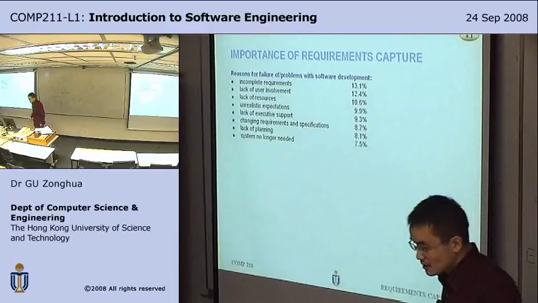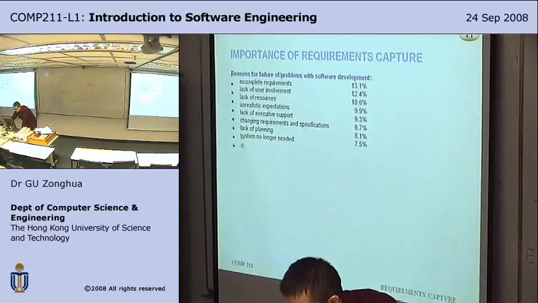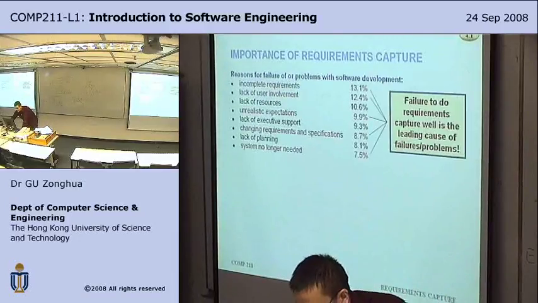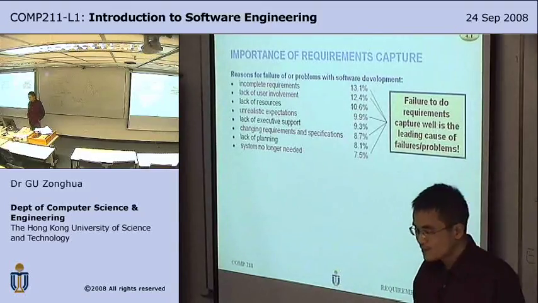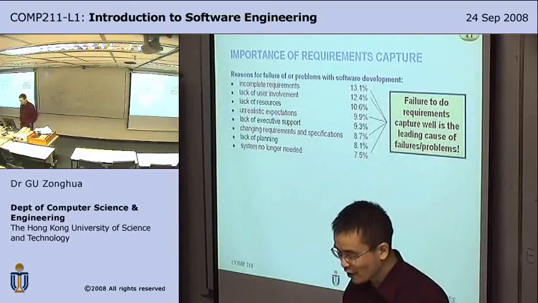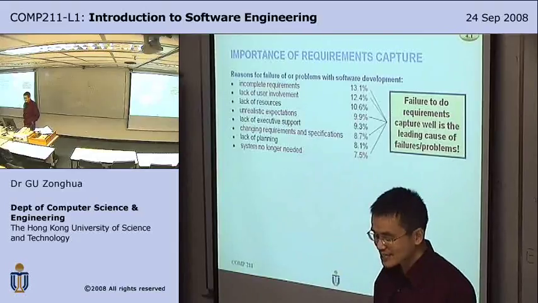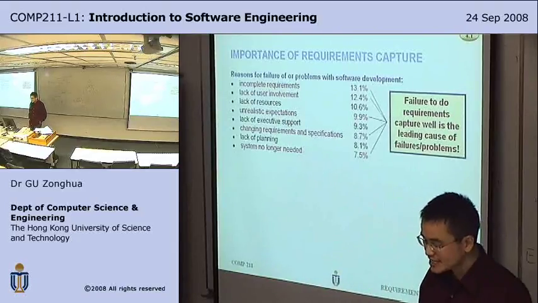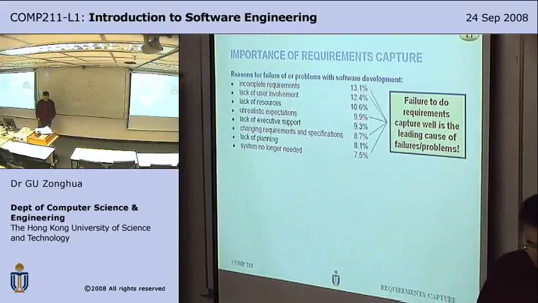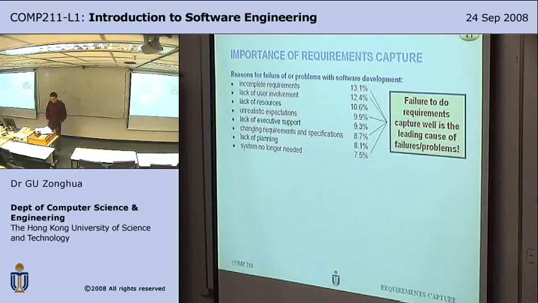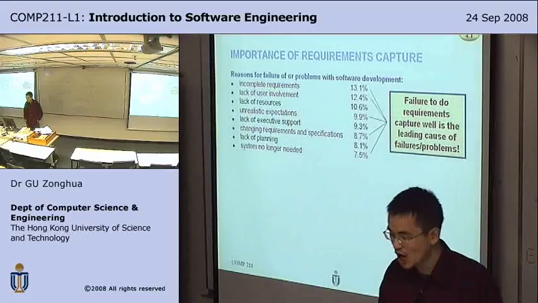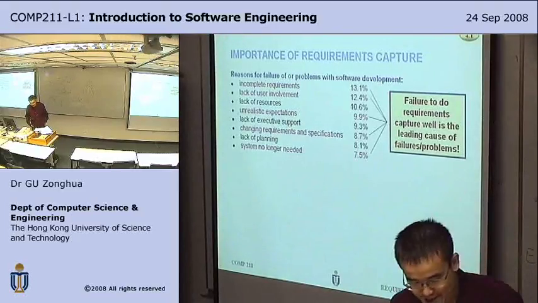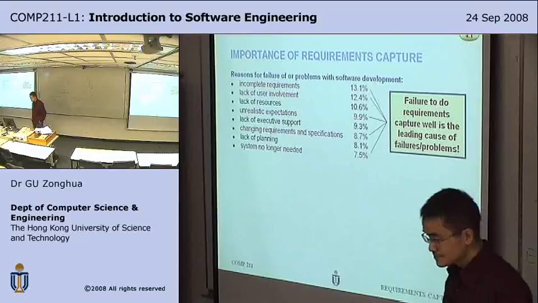So highlighted in red are all the reasons related to requirements: incomplete requirements, lack of user involvement, unrealistic expectations from the user, changing requirements, system no longer needed. So failure to do requirements capture well is the leading cause of project failures and problems.